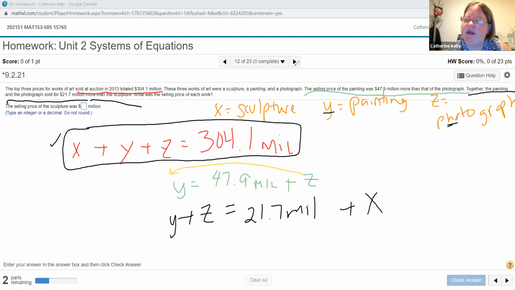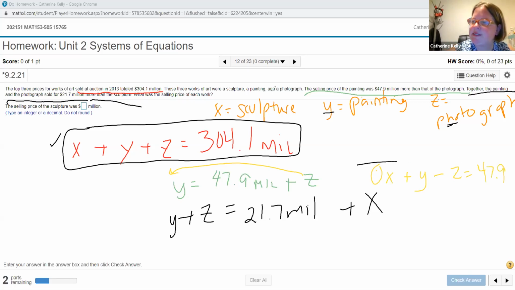So I'm going to have 0x plus Y plus Z minus Z because I moved it over, equals 47.9. And there I have my second equation.